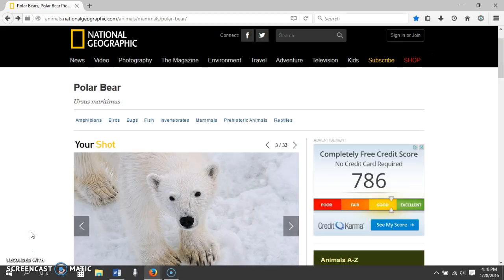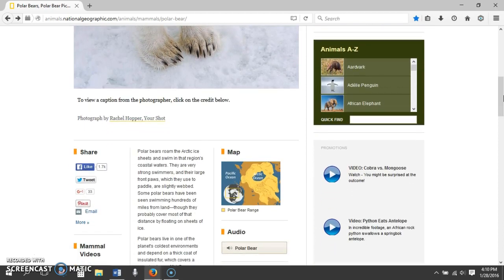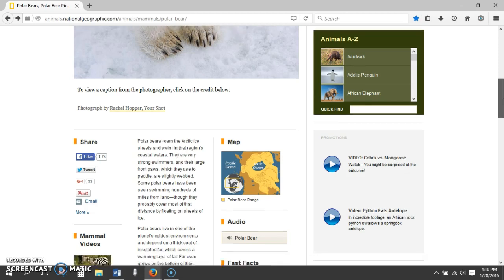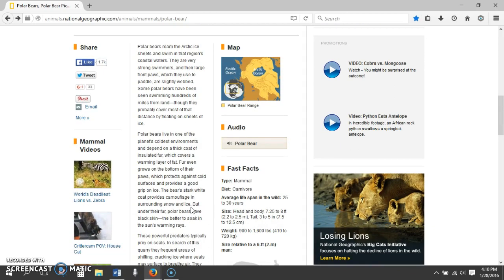We should next consider why this article was written. When we look at the opening paragraph, we see that polar bears roam the Arctic ice sheets and swim in that region's coastal waters. Further down, the article explains that the bear's stark white coat provides camouflage in surrounding snow and ice.